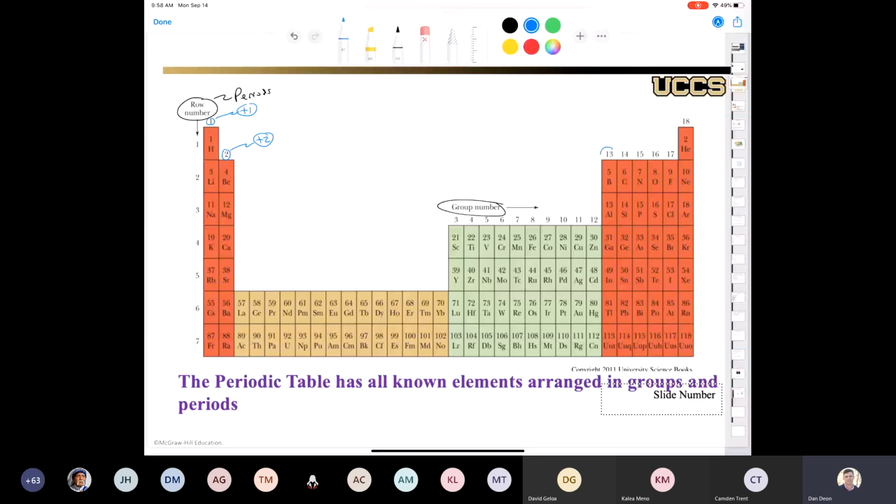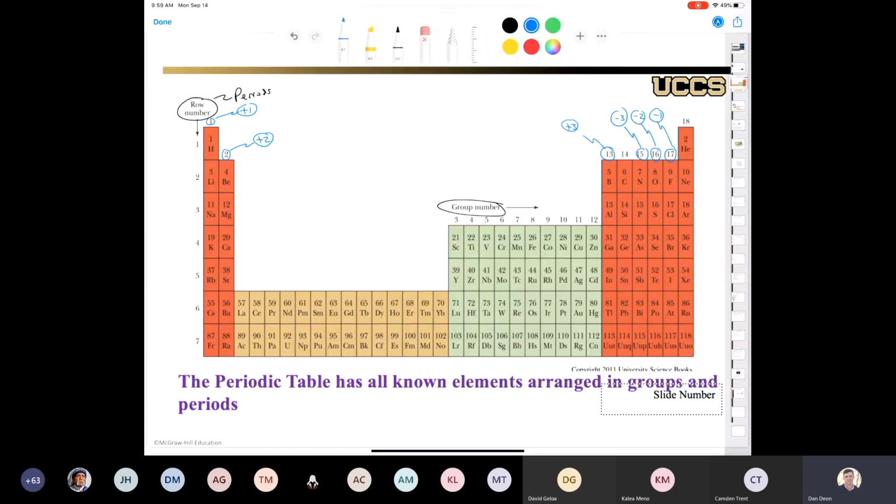Elements in group 13 or group 3A like to have a +3 charge. Group 14 or 4A is a little bit trickier, but let's go to group 15. Elements here like to have a -3 charge. Elements in group 16 or 6A like to have a -2 charge. The halogens like to have a -1 charge, and the noble gases don't like to have any charge.